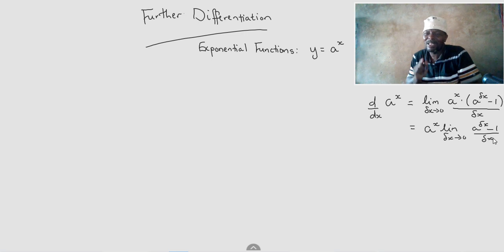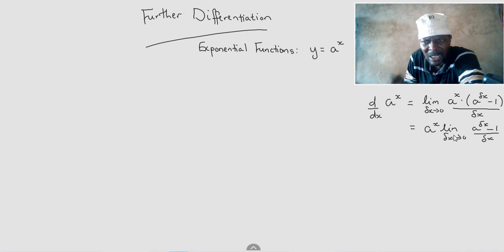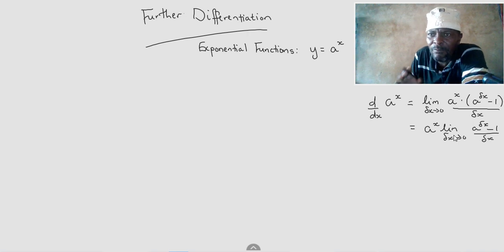No harm done here. But if I'm going to keep doing different exponential functions, this is obviously going to be tedious. If you look at it already, it looks tedious and a little overwhelming. So what do we do? Detour.